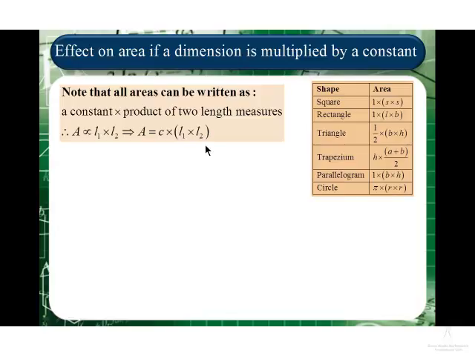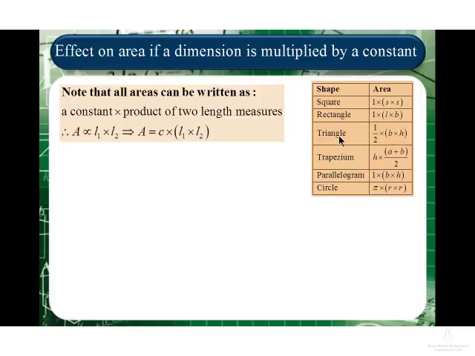Let's just see how this works out in practice with the well-known shapes that we have considered thus far. For example, the area of a square is the constant 1 times, obviously, the square of a side length. This is the product of two length measures. Rectangle, product of the length and the width, for example.